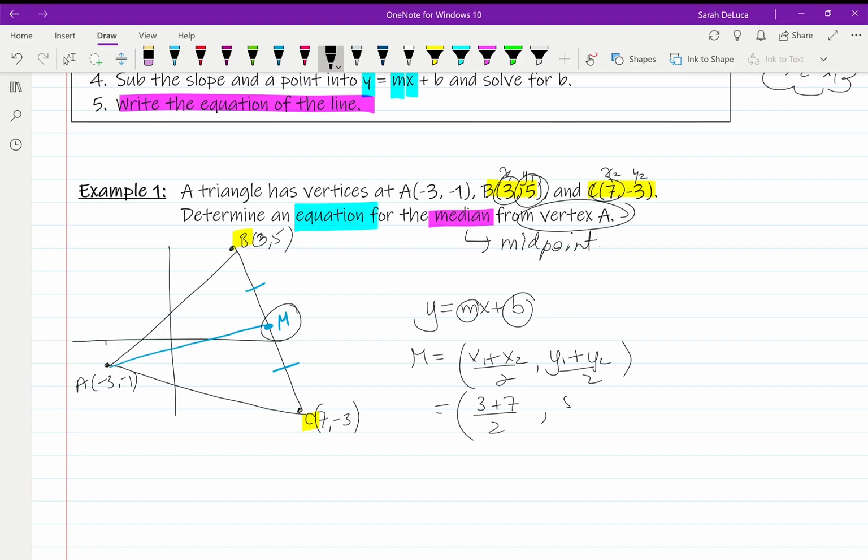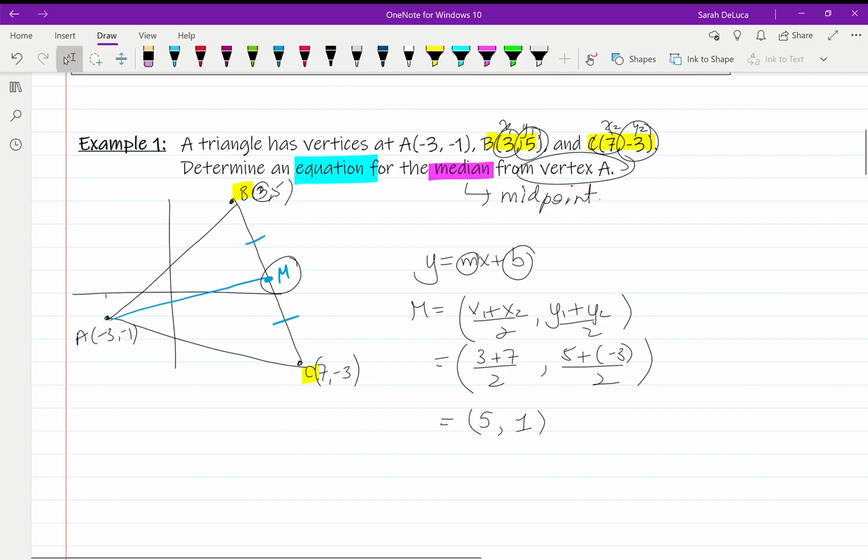The Y value is 5, and the Y value is -3. 3 plus 7 is 10 divided by 2 is 5. 5 plus -3 is 2, and 2 divided by 2 is 1. So that looks about right from my diagram. It should be somewhere between 3 and 7, and looks like about 5, 1. So it seems like a reasonable answer based on my sketch.